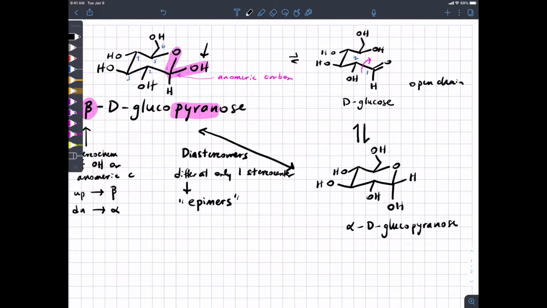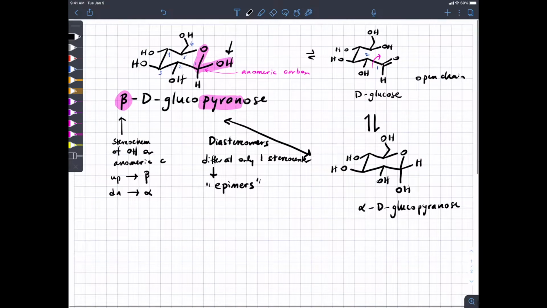At one and only one stereocenter. And then because this stereocenter is the anomeric carbon, we will use another term to describe these isomers, and that is anomers. They are epimers at the anomeric carbon. So people will call this one the beta anomer, and they'll call this one the alpha anomer.